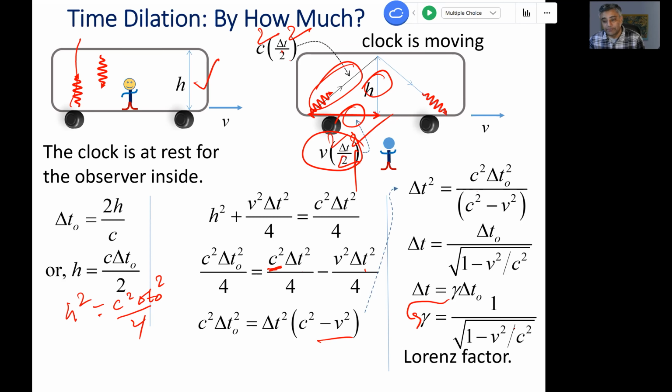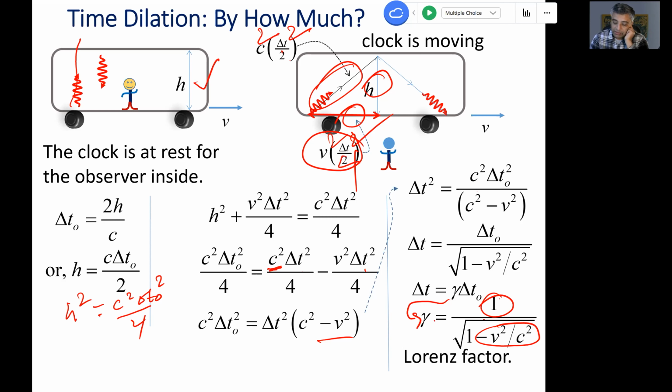So now, when v is 0, what does it mean? Remember, v is the speed of one with respect to another one. v equal to 0 means one is not moving with respect to the other. So when there is no relative motion between the two, v is equal to 0 and gamma is equal to 1, right? This term becomes 0, so it becomes just 1 over 1, which is 1.